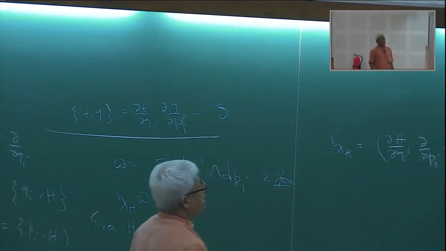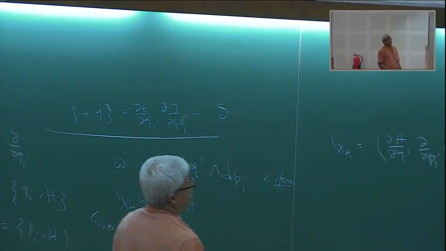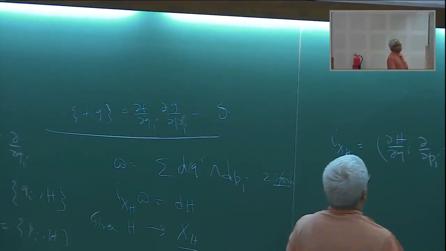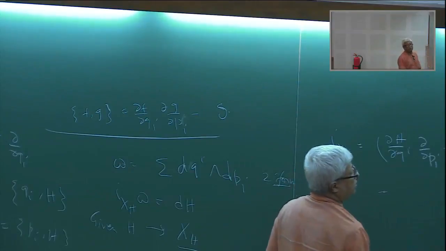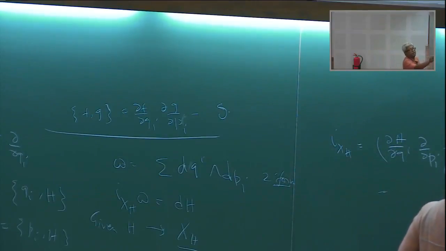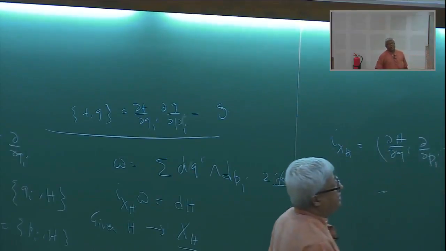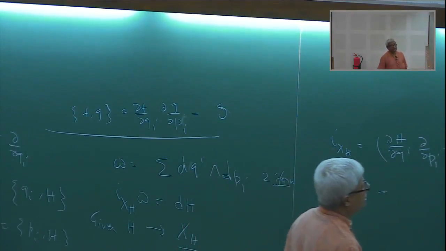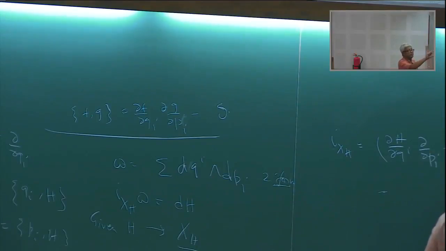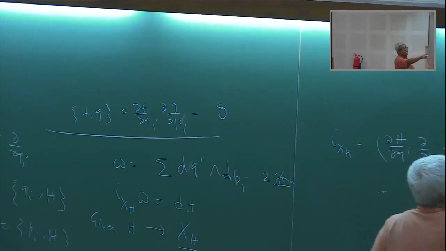Now, if you want to contract, for example, well, I have taken it wrong. Because this is antisymmetric, or skew symmetric, if you change this one to dp_i and dq_i, this thing and this thing come together.